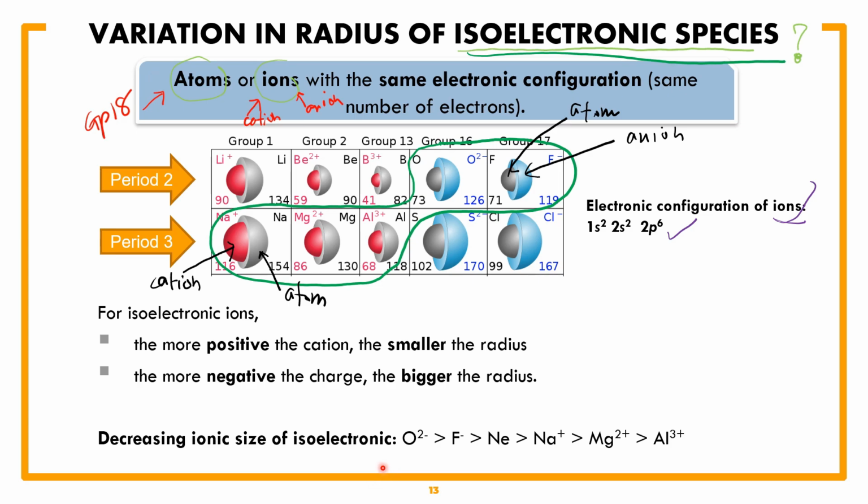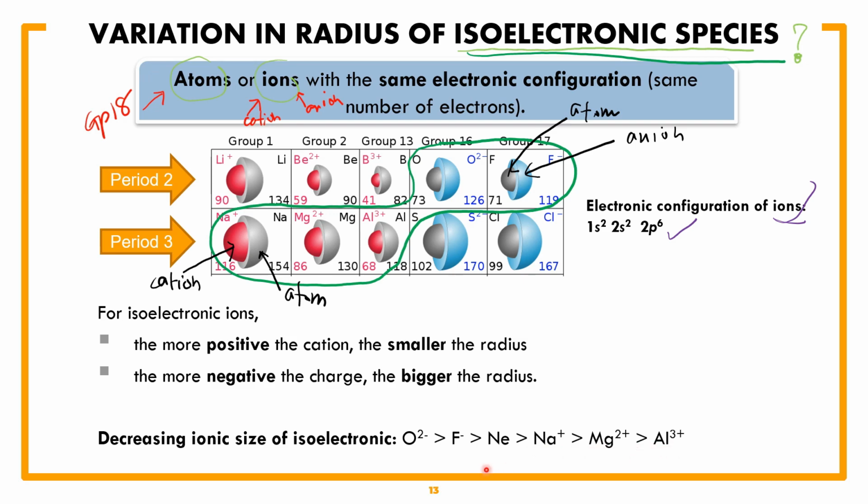For isoelectronic species above here, their ionic radius or ionic size will decrease in this arrangement. So O2 minus will have the bigger ionic radius, meanwhile aluminium 3 plus will have the smaller ionic radius. And we have neon at the center here to separate the size of the anion and the size of the cation.